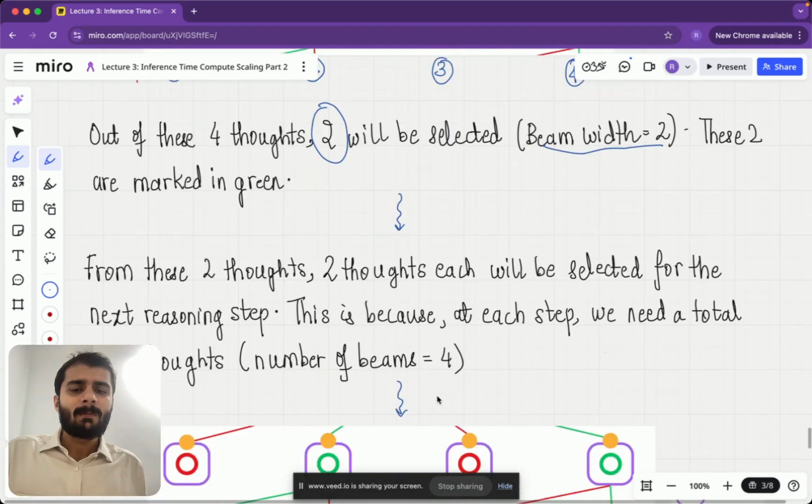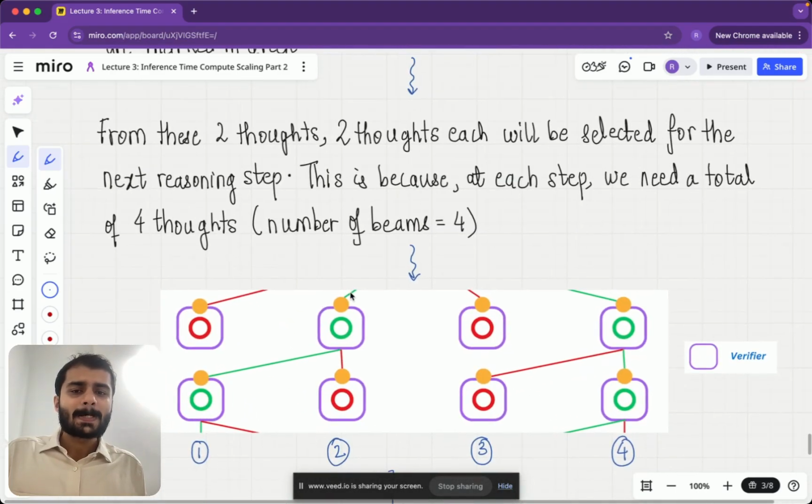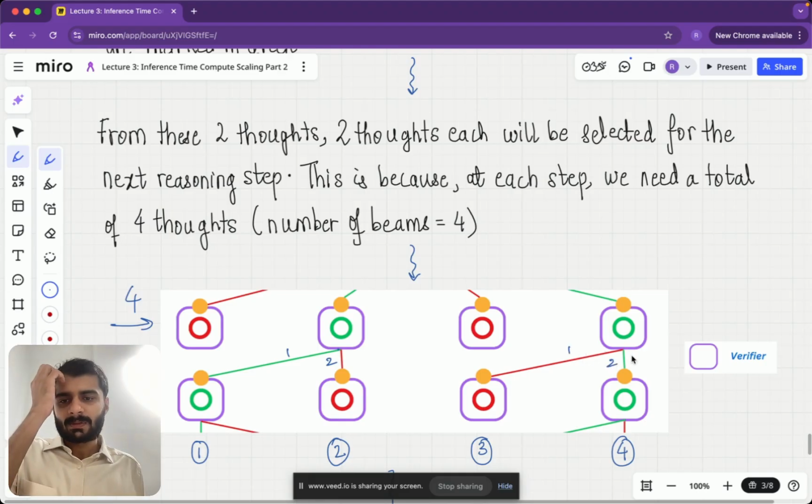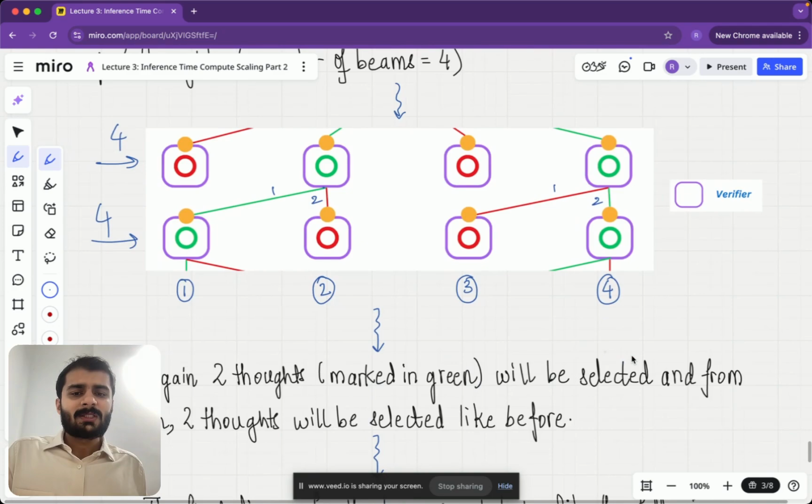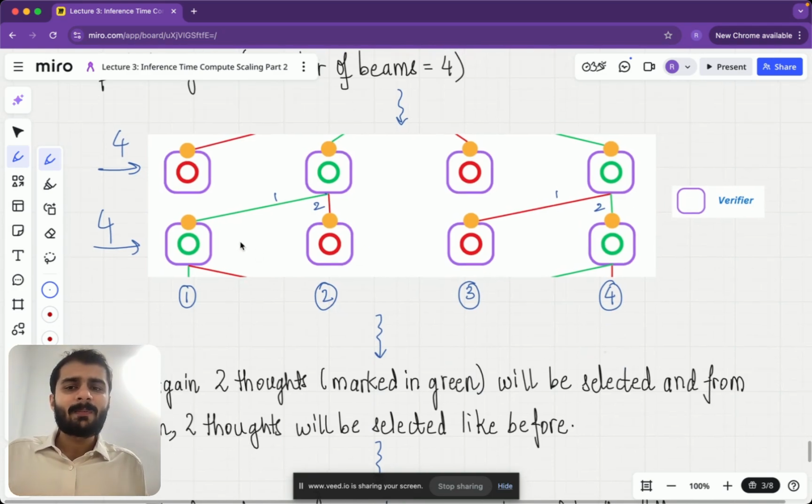So from each of these, we'll select two more. In the first layer we had 4, and now in the second layer also we have 4: 1, 2, 3, 4. From this, we have branched 1 and 2. From this again, we have 1 and 2. Okay, so this part is clear. And then again the process repeats.